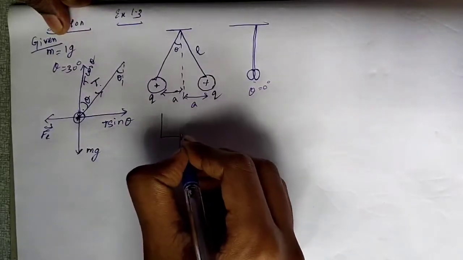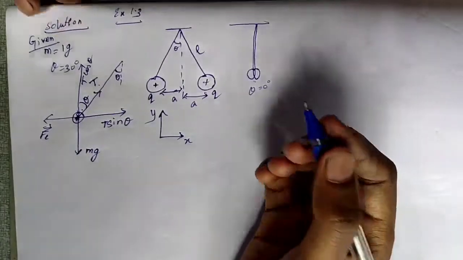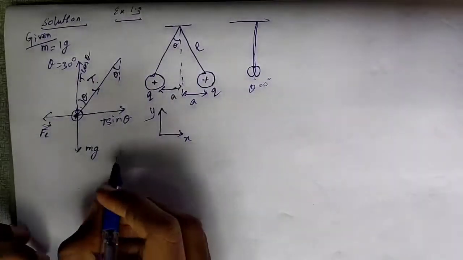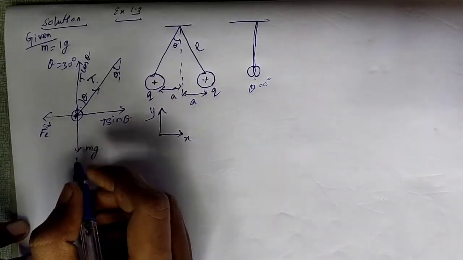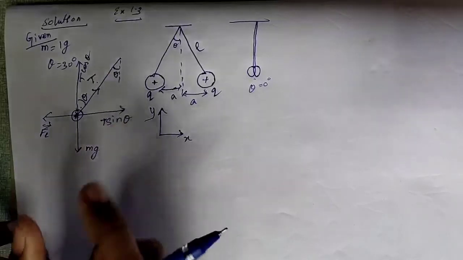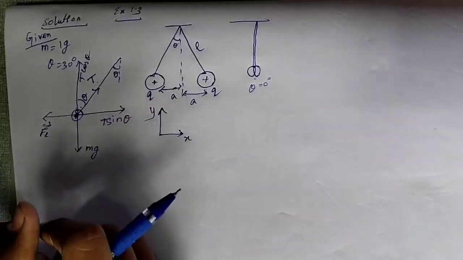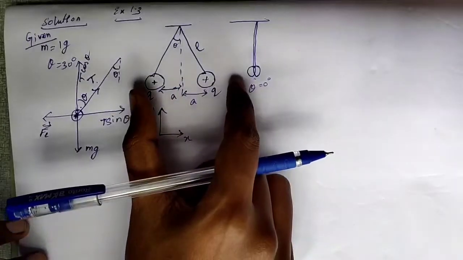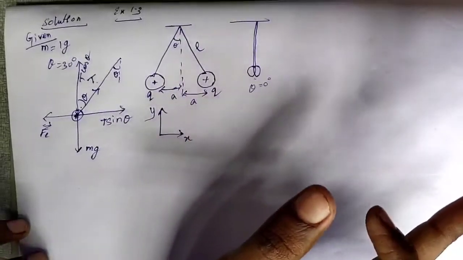By taking Cartesian coordinates x and y, we have these forces. Here I am going to use Newton's second law. In the x direction, the acceleration of the sphere is 0, because due to this repulsion the sphere is balanced, so there is no extra acceleration.